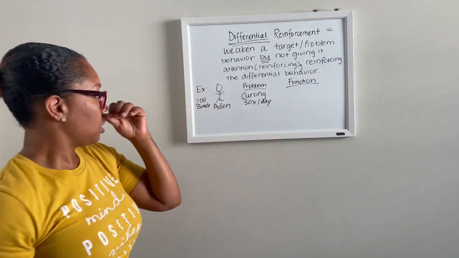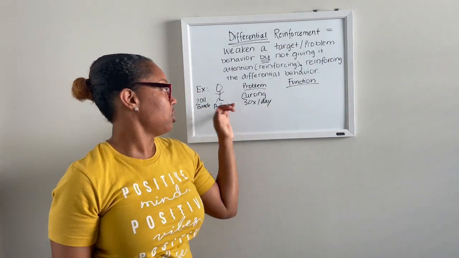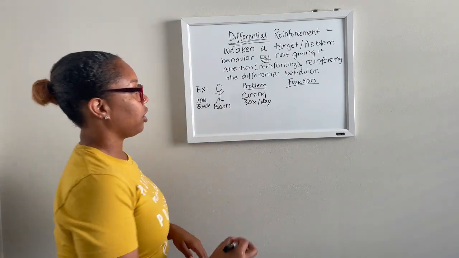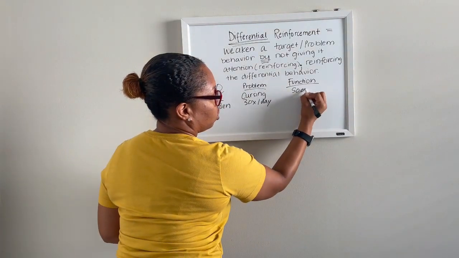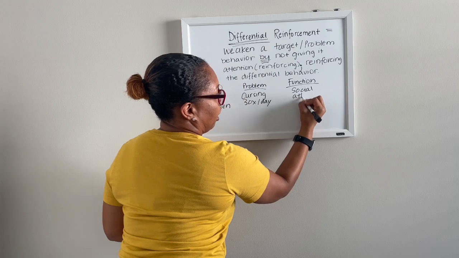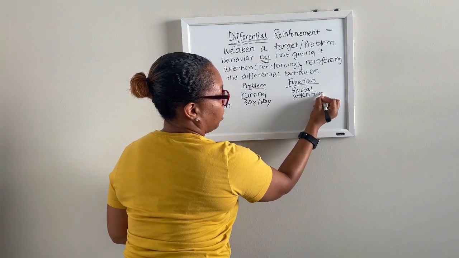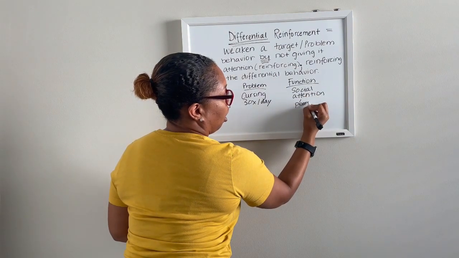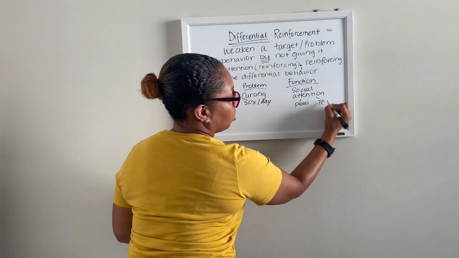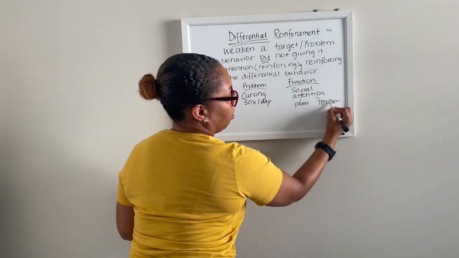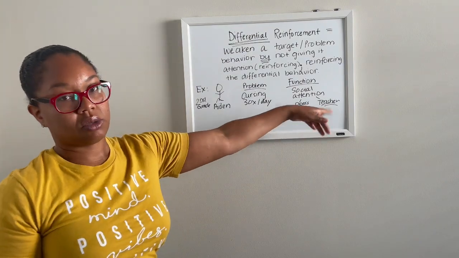And for this scenario, we'll say that the function of Aiden's cursing behavior is that he is getting social attention. Either he's getting it from his peers, but let's say he's mostly getting it from his teacher, because that's whose attention he wants.